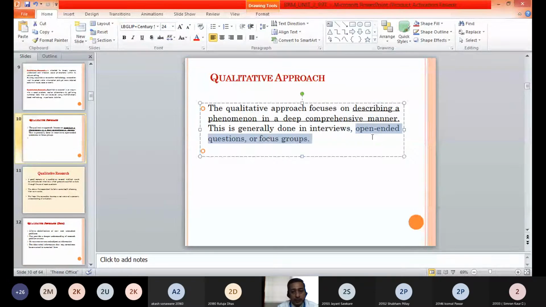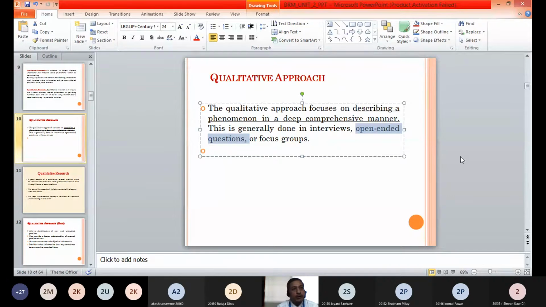There may be open-ended questions. Open-ended question means no choice is given. There may be two types of questions: open-ended and close-ended. Open-ended questions are those wherein the respondent is free to answer anything which comes to his mind.